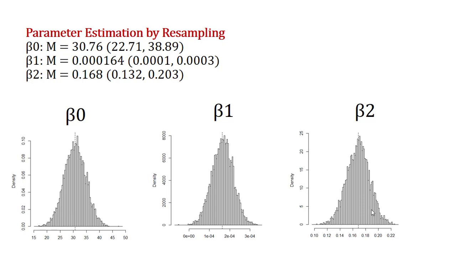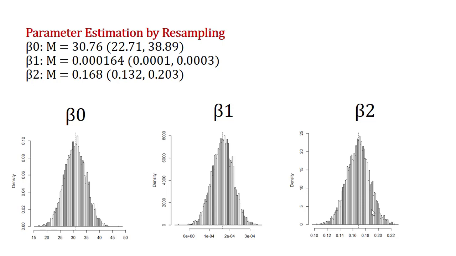What we do there is calculate a regression, so we can obtain beta 0, which is the intercept, beta 1, the effect of income on psychological well-being, and beta 2, the effect of job of choice on psychological well-being. And we do that with one sample. We record those values and then we do the process again.